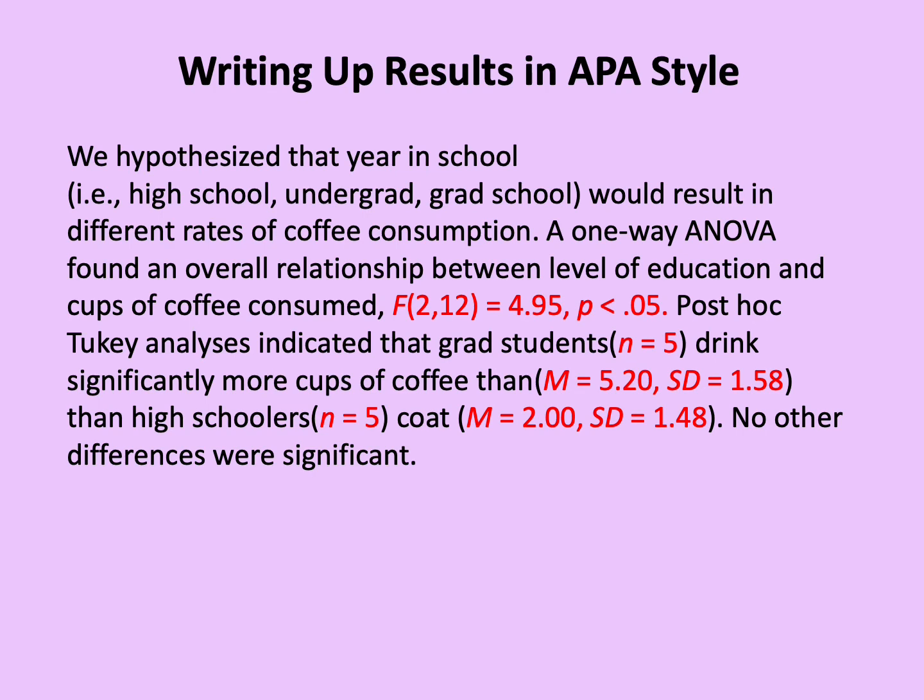So when our sample size was 5 people, grad students drank significantly more cups of coffee than high schoolers. And we report the mean and standard deviation for both high schoolers and graduate students. And again, notice we're italicizing mean and standard deviation as well as the F and p value.